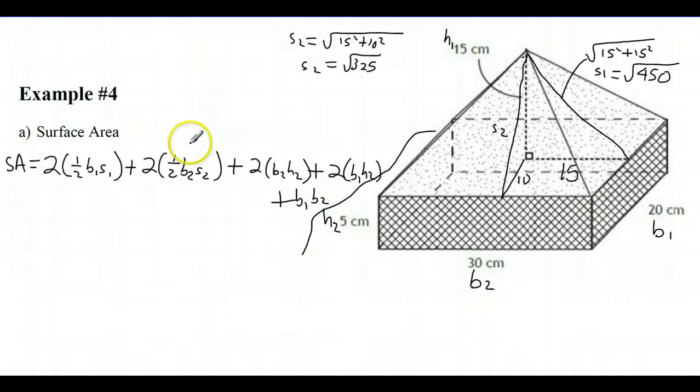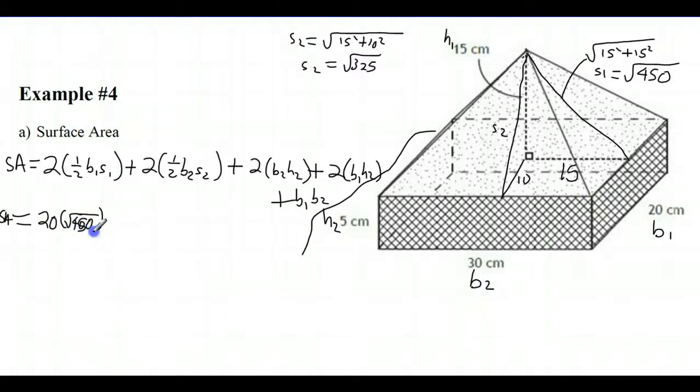Let's fill in some numbers, and we can do a little bit of simplification. So 2 times 1/2 is 1, so we've got B1 times S1. So 20 times S1, which is root 450.